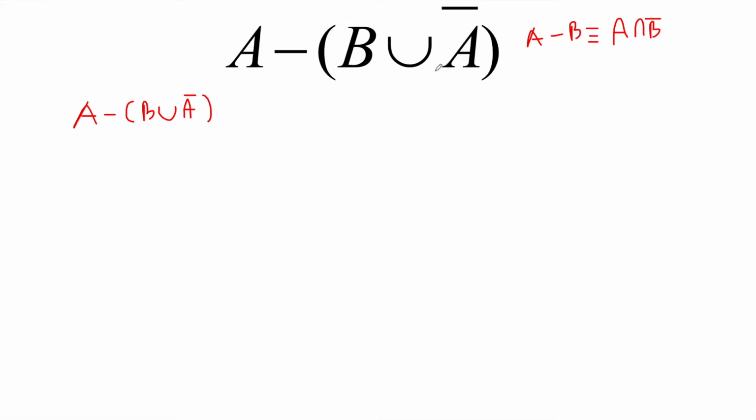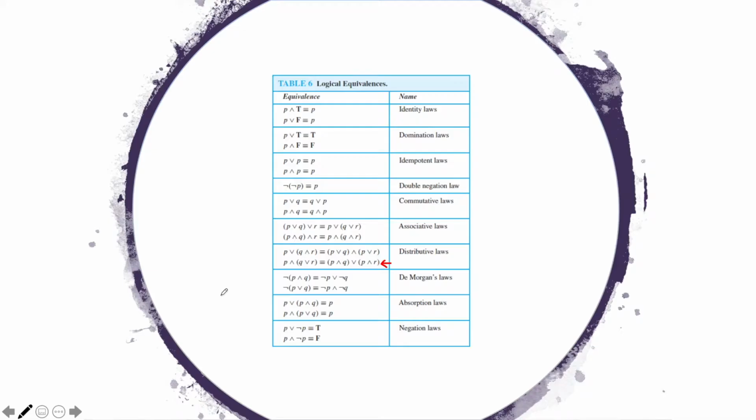Alright, so this one can be rewritten as A, minus here changed to and, and then everything here will be B or A bar, everything here included.